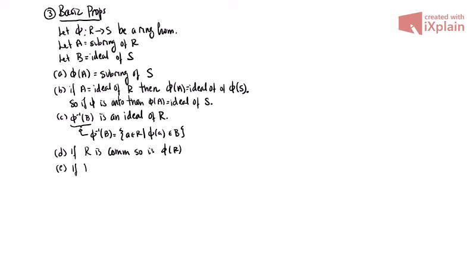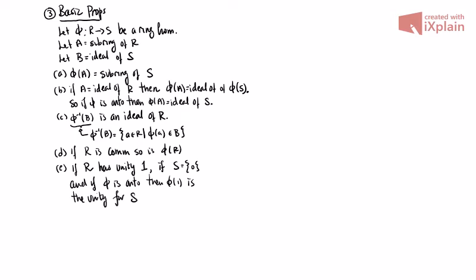So E, if R has unity, let's say 1, if S is not the ring comprised only of 0, and if phi is onto, then phi of 1 is the unity for S. So F, these last two are similar to what we had for groups.